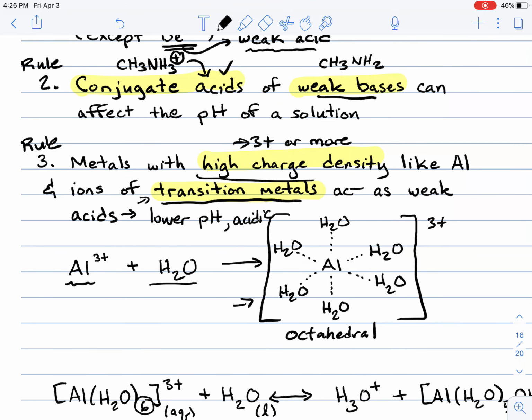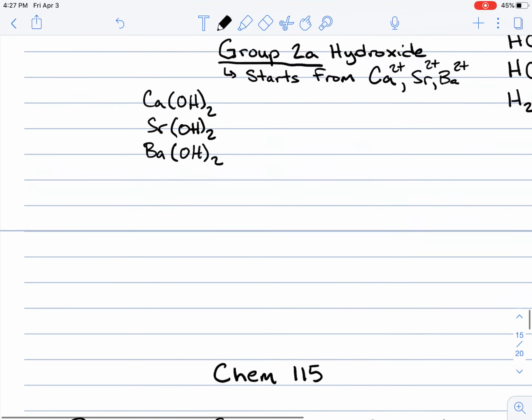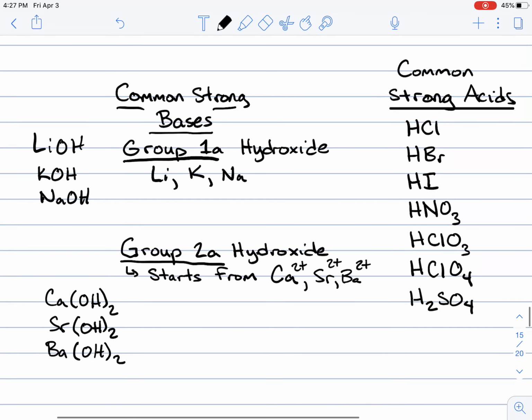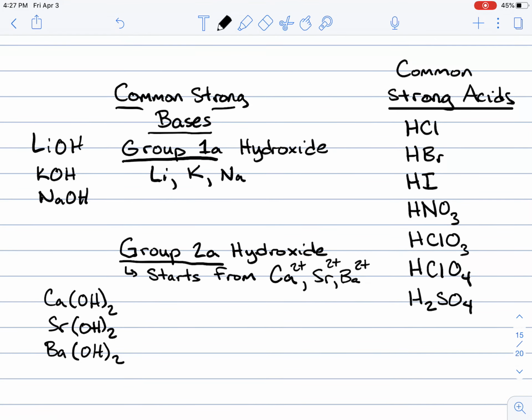If this is the conjugate base of CH3NH3+, we're going to check whether or not this compound is in our list of weak bases, to determine if CH3NH2 is a weak base or a strong base.